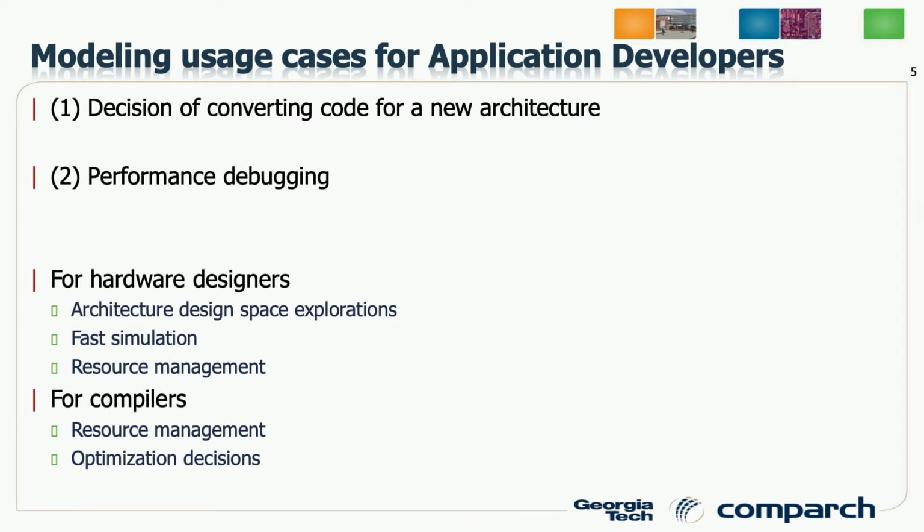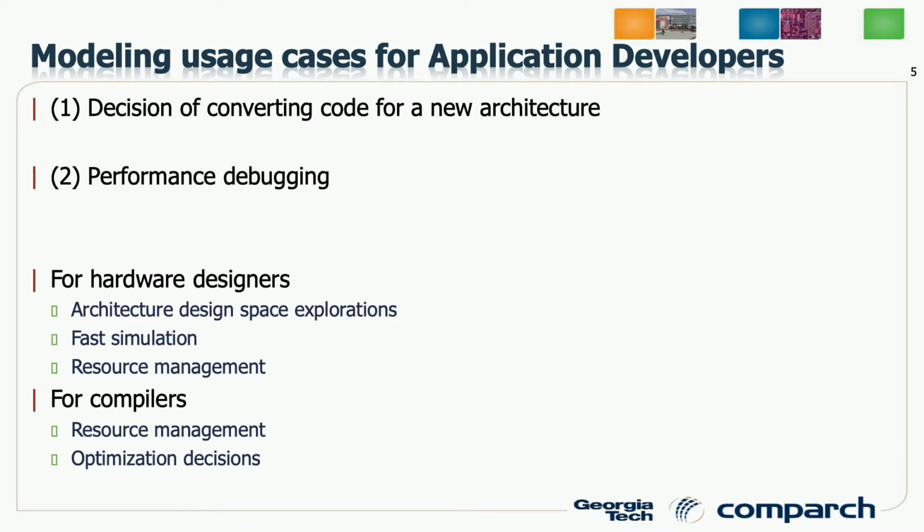Compilers also use modeling for resource management. Sometimes we can decide everything at static time, and that's what the compiler can do. Or the compilers can decide what kind of optimization you want to do, based on this kind of modeling.